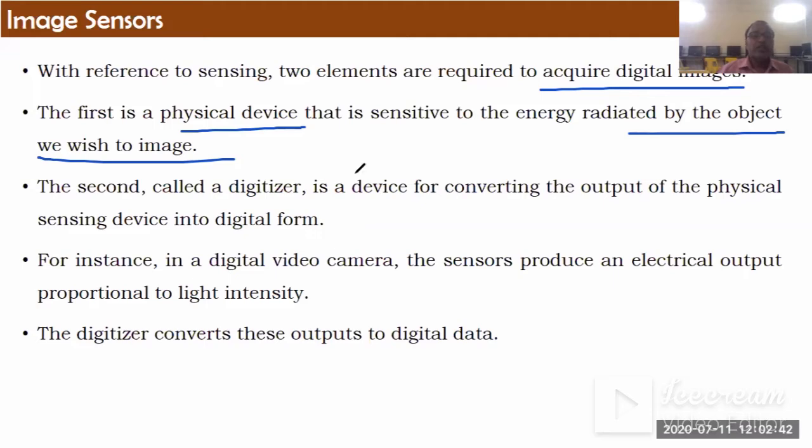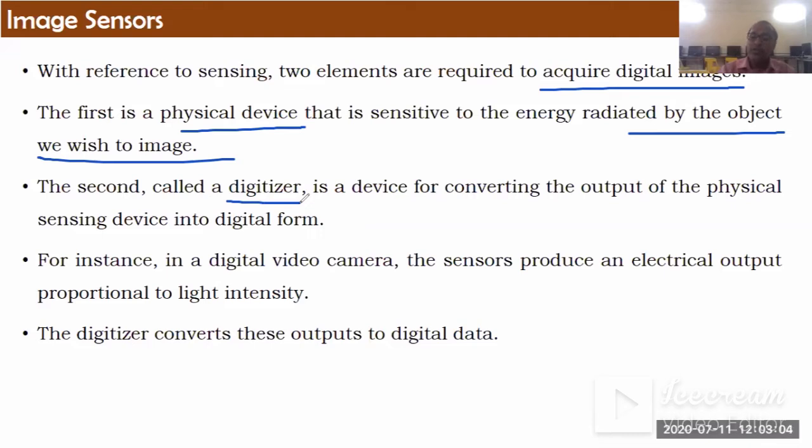Now, the second important part is the digitizer. Today all devices are digital devices. For example, our camera is a digital camera. But our signal is not in digital form, it is in analog form.